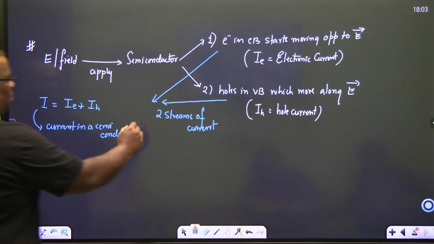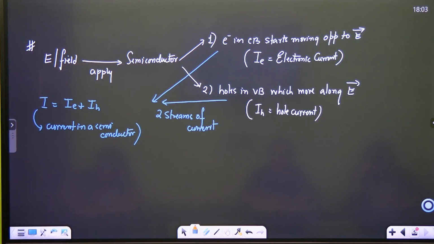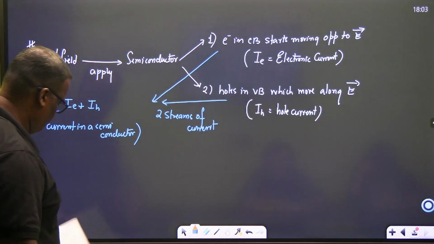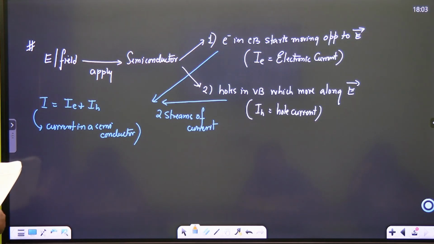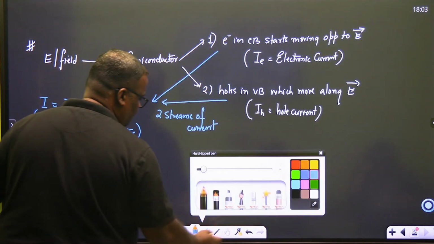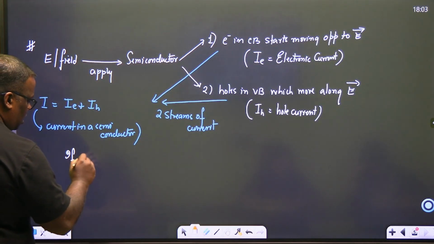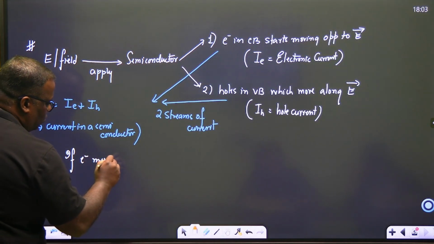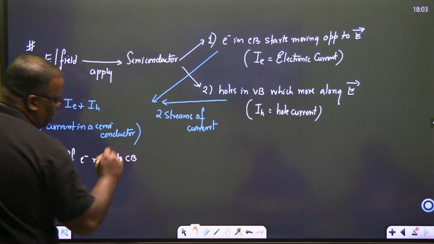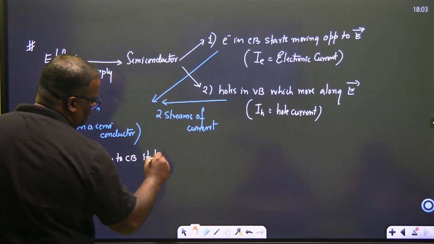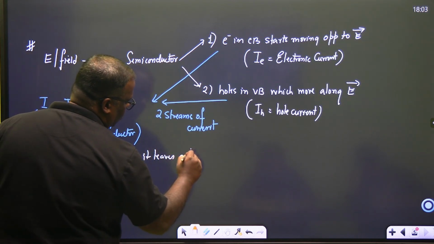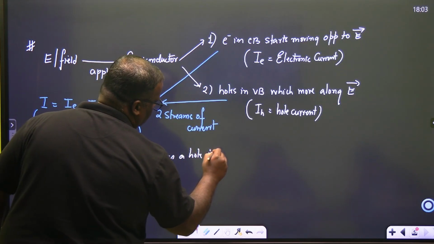The current in a semiconductor comprises two streams: one is the electron current and one is the hole current. So if an electron moves to the conduction band, it leaves a hole in the valence band.